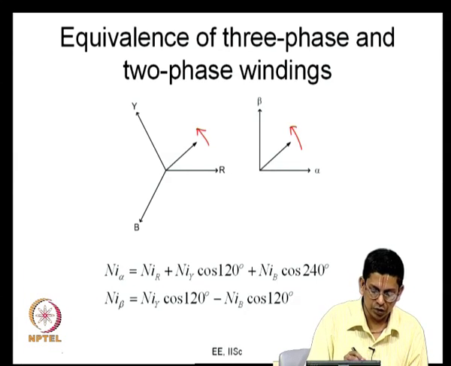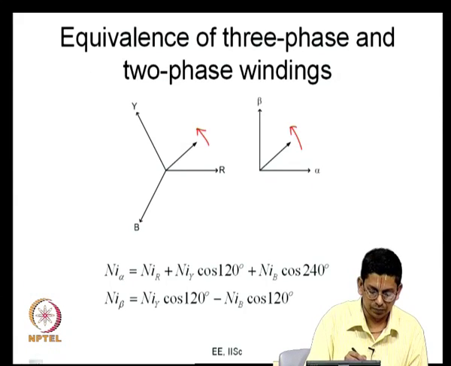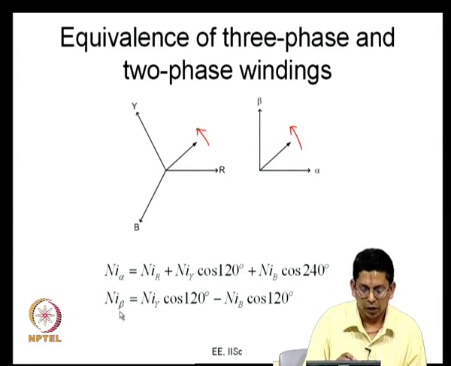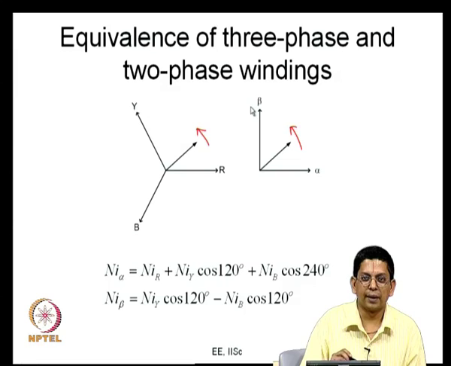One MMF is produced by the current I alpha flowing through the alpha winding, and through the beta winding some I beta is flowing. So, n times I alpha should produce a component along the alpha direction, and n times I beta is the component along the beta direction.